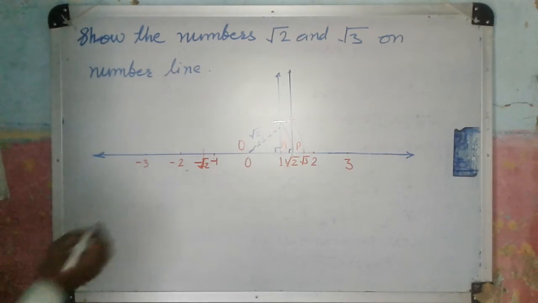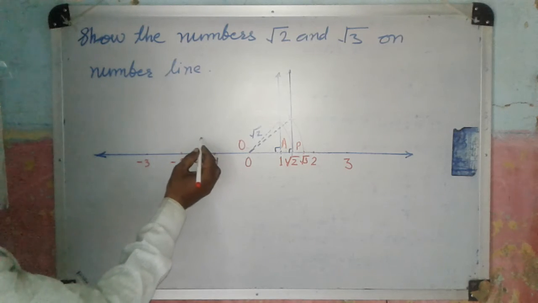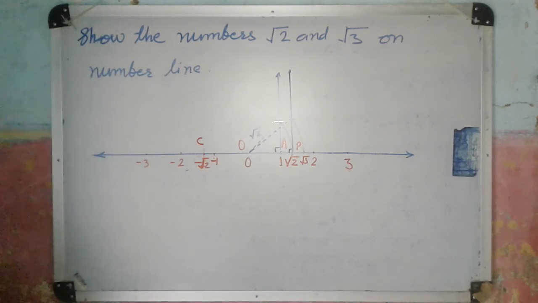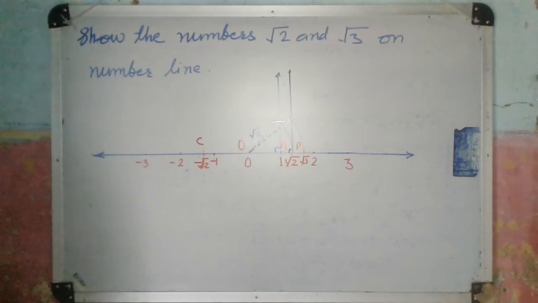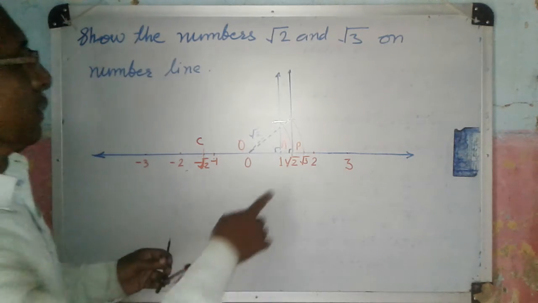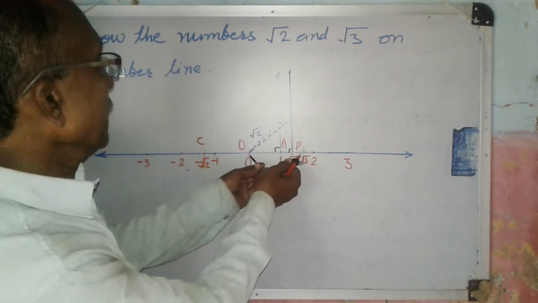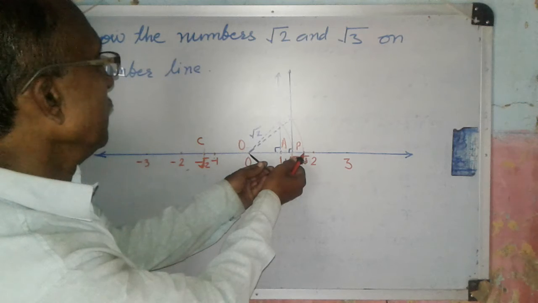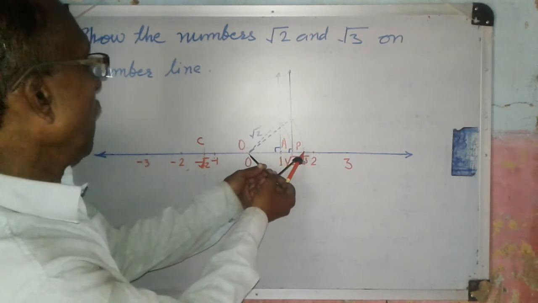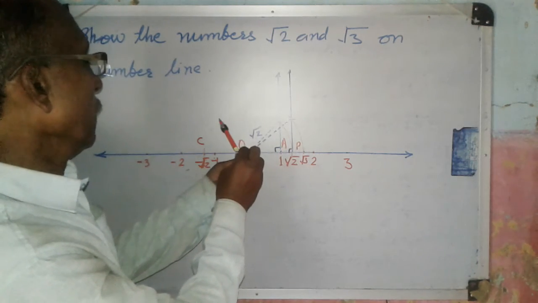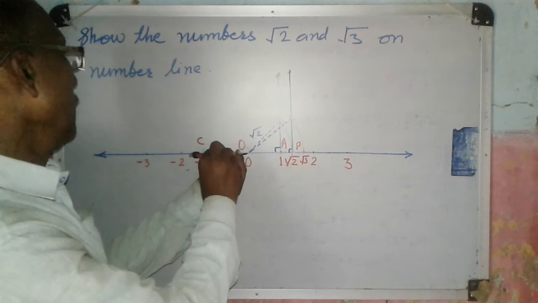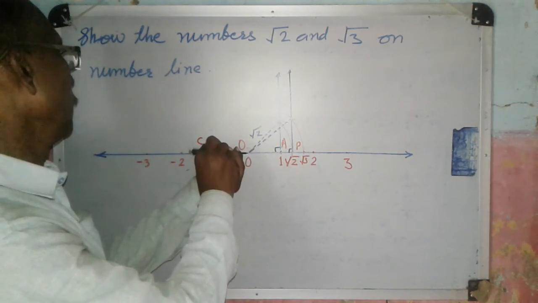Suppose this point is C. Now if you want to show minus root 3, it is on the opposite side of root 3, that means on the left of the 0.